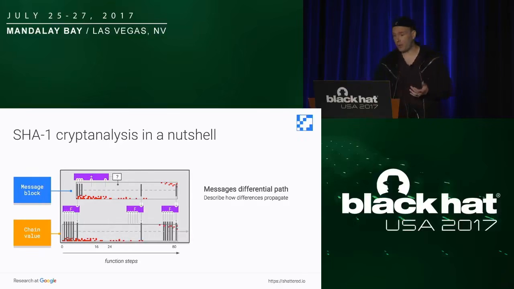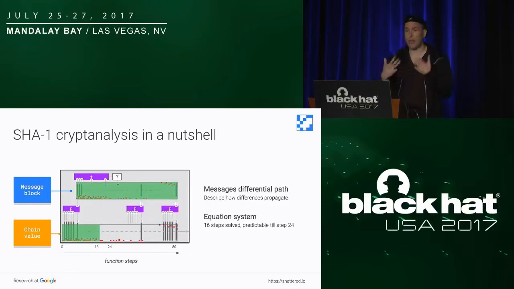We have been able to study them very carefully, and over the years, we were able to actually solve the first 16 steps. So for us, the complexity and the entropy, if you will, of the function has been pushed back by 16 steps, making the function less complicated to attack.